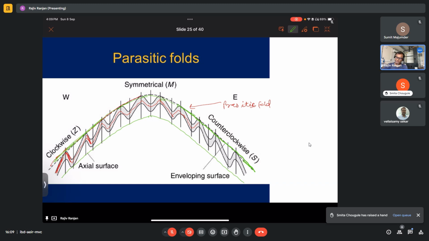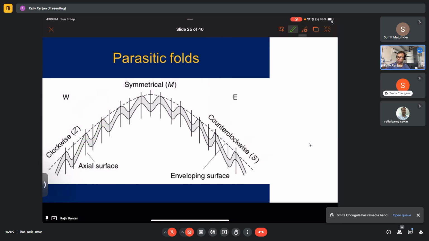This is called first order fold, and these are called second order folds. And you can have one more layer, even within this you can have another fold, right? It is possible. So this will become a third order fold.